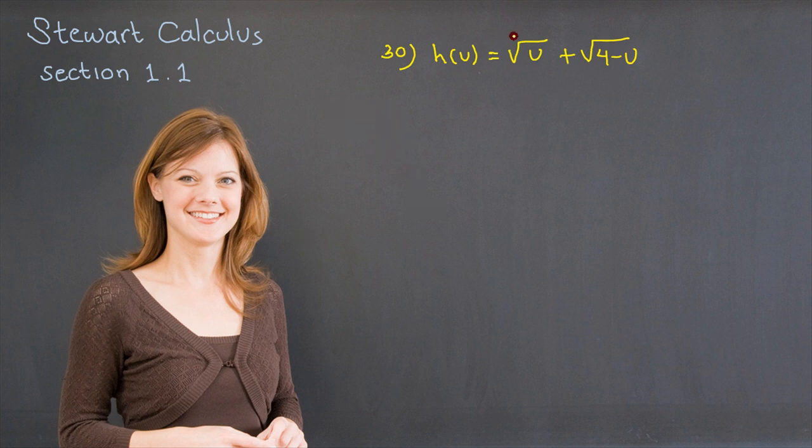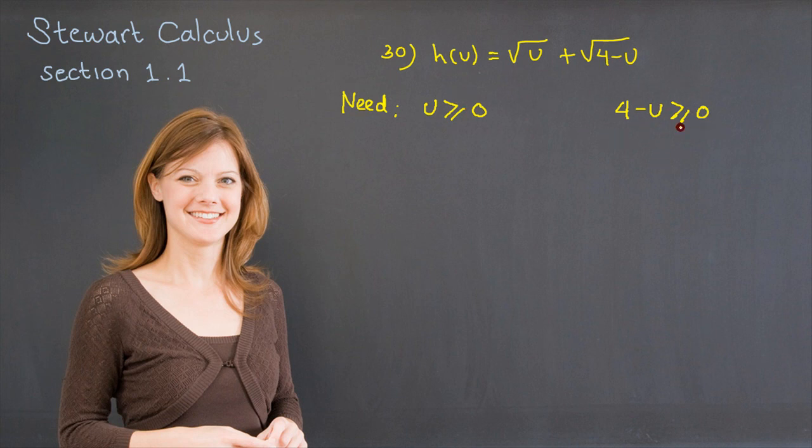Okay. So in order for this whole expression to make sense, first we need this number to be non-negative, and at the same time we also need that number to be non-negative. Because remember that the square root of a negative number doesn't make sense, so we require this number to be either 0 or bigger.